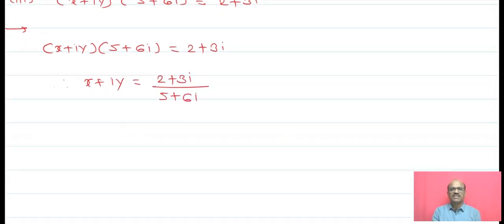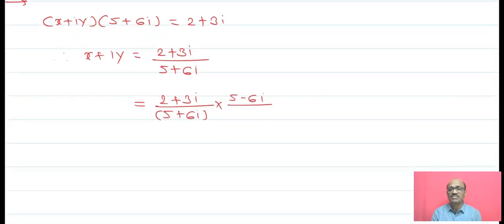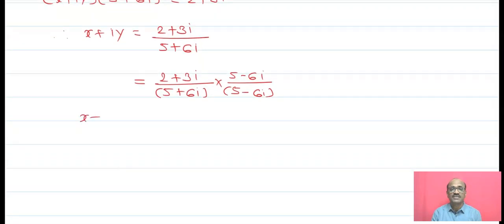Now x plus iy is equal to (2 plus 3i), and 5 plus 6i will get divided to the right hand side because it is multiplicative. Now see how to perform this division: multiply with its conjugate, the conjugate of 5 plus 6i. That is (2 plus 3i) upon (5 plus 6i) into (5 minus 6i) upon (5 minus 6i).